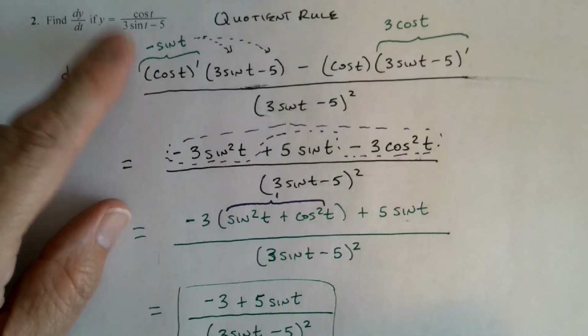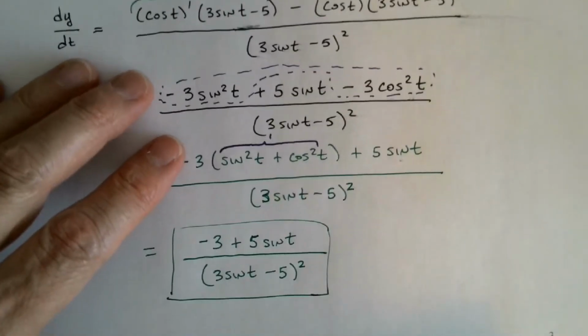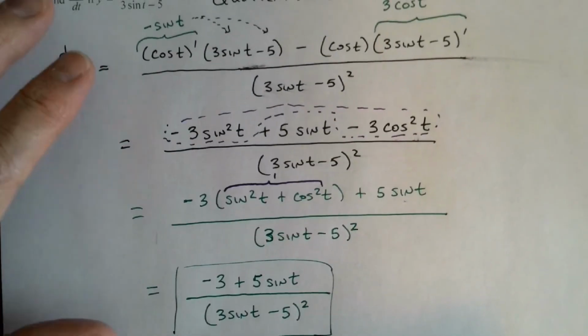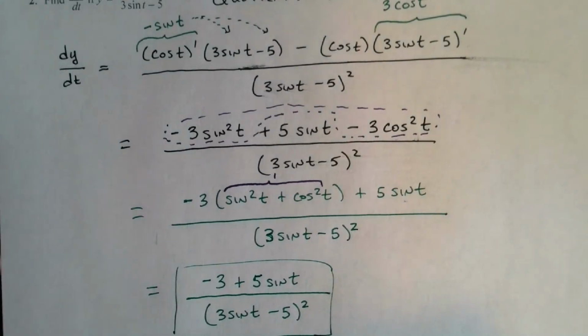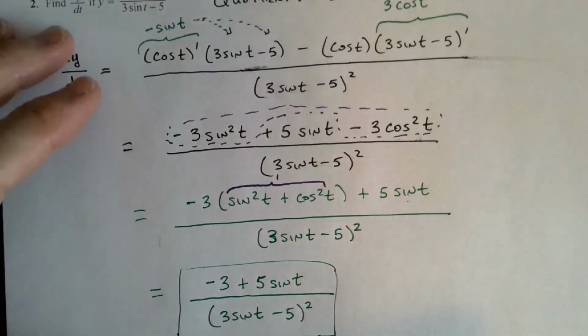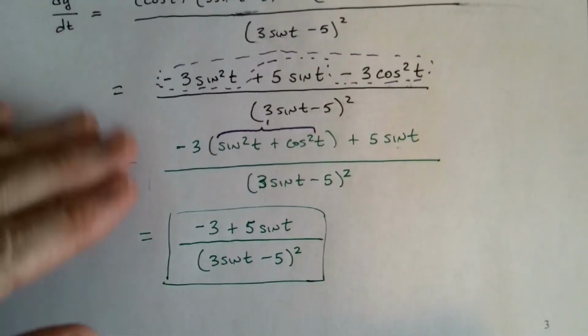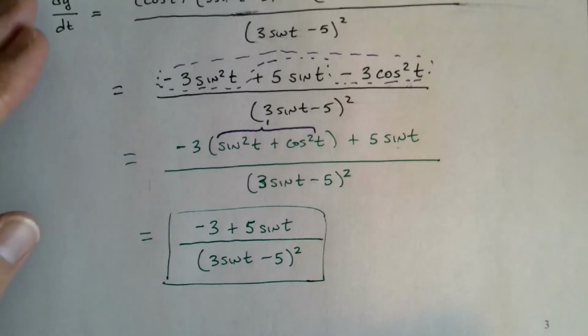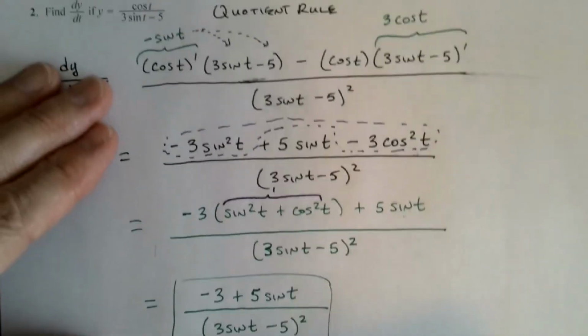Trying to use the limit definition on this would be a nightmare. But because we've analyzed the derivative of these individual functions, and looked at the quotient rule, the sum and difference rules, constant multiple rules, all those, now it's much easier in comparison to what it could have been. And we can do some very hard derivatives now.